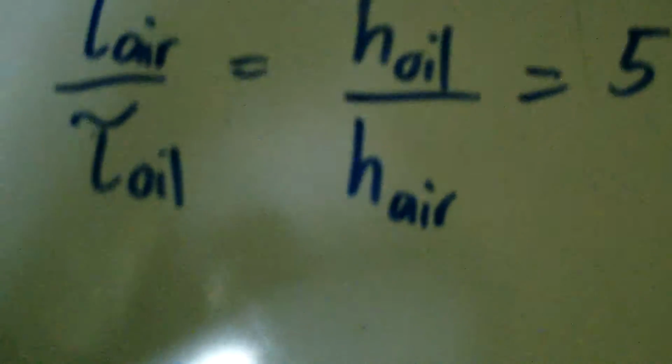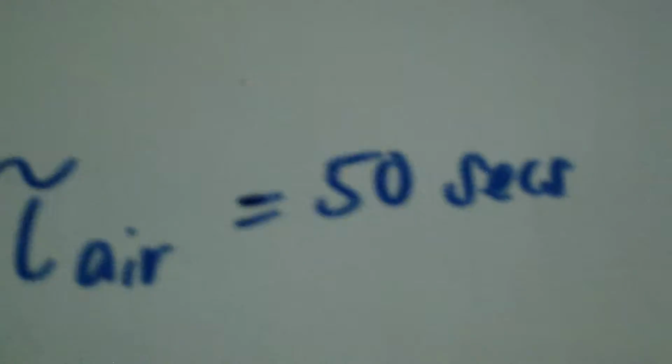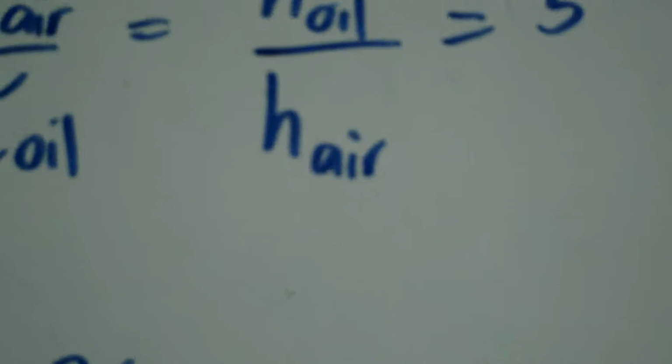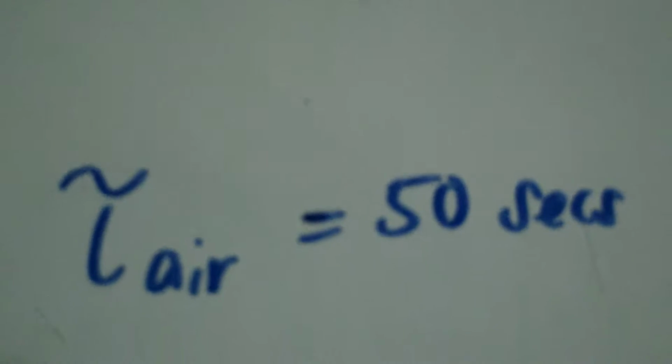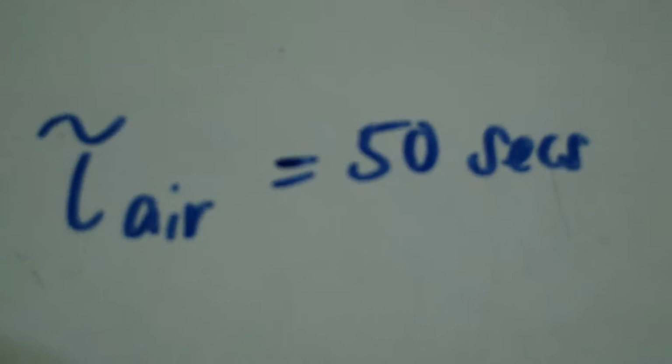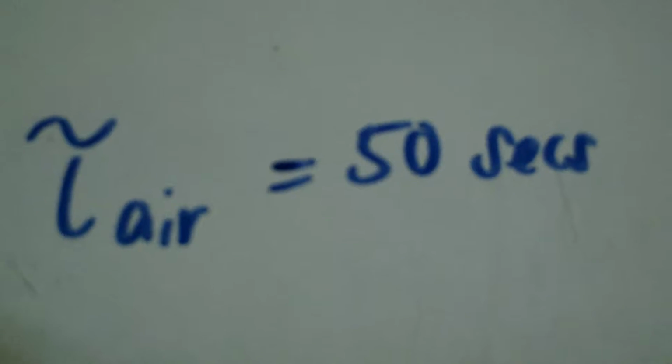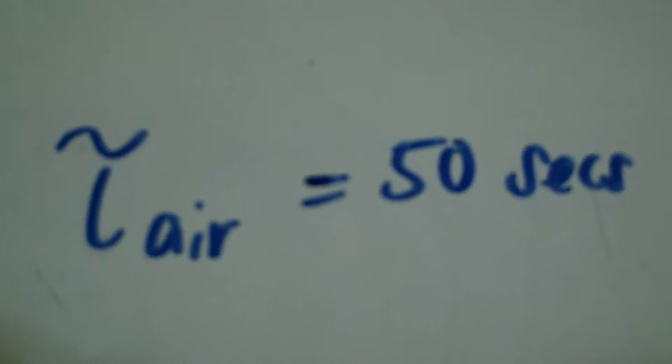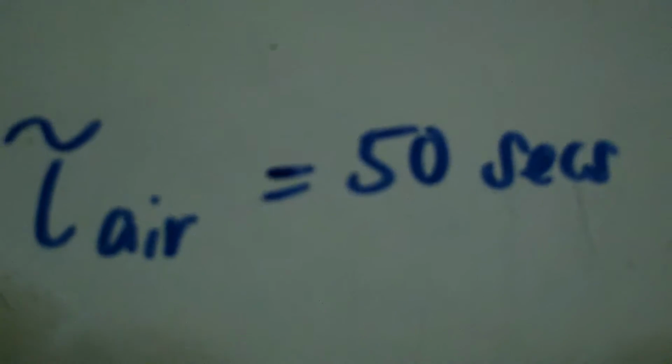So the time constant for air is 5 times that of oil, which is 5 times 10 seconds, or 50 seconds. So we now have the time constant of air, which is 50 seconds.